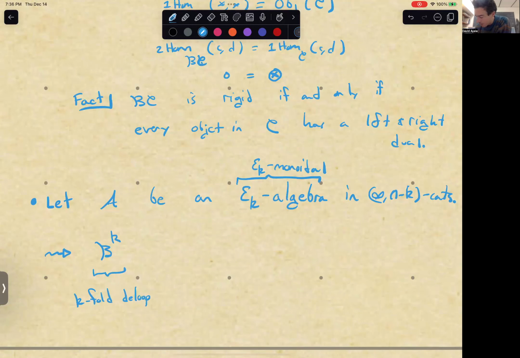And this will be an infinity n category, which is in fact pointed.